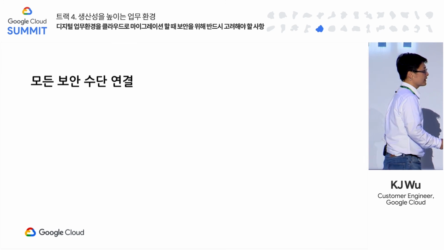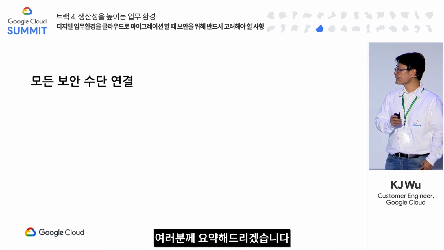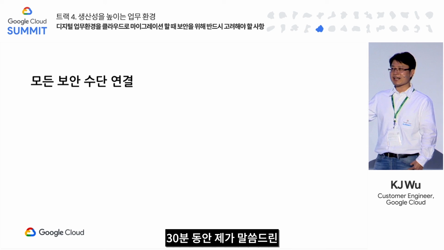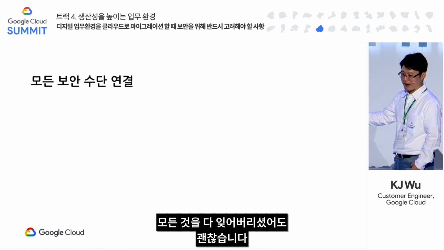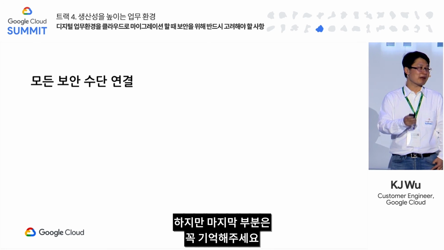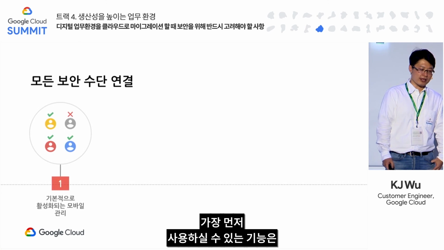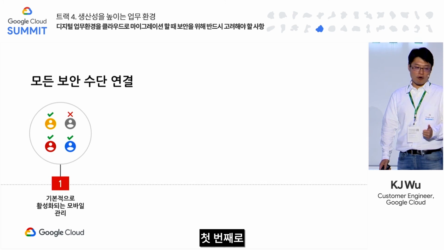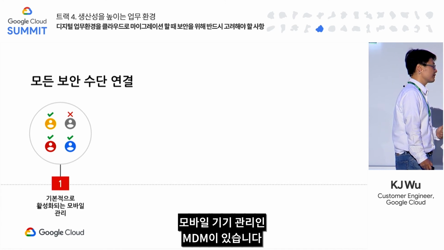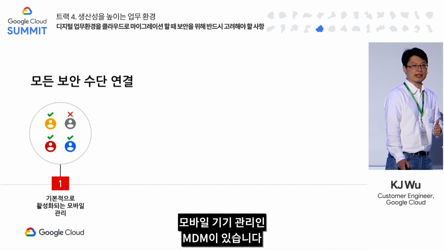So we try to bring everything together. Now you know we're not just GCP, we also have G Suite. So you can use the cloud environment to build your next generation of cloud-native architecture, and make sure you also use our collaboration tools to help your team co-work together freely. Last one, to summarize. If you forget everything I said in the past half hour, that's okay, but make sure you remember the last one here. First thing, default on MDM features, mobile device management.